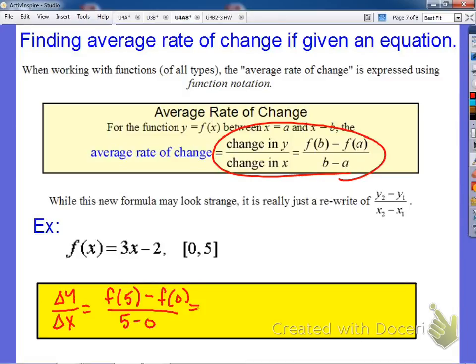Maybe you do it in your head because you're brilliant. Maybe you have to use your calculator. Either way, this is 3 times 5 minus 2, all of that minus 3 times 0 minus 2. All over what?